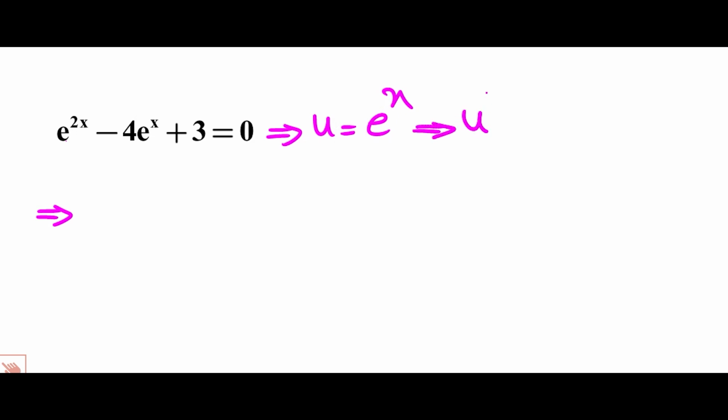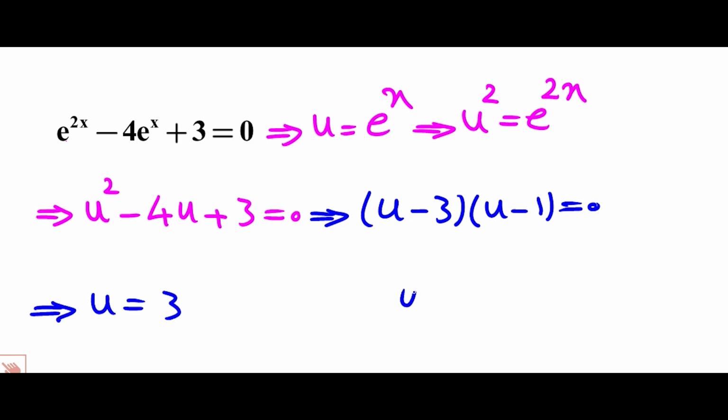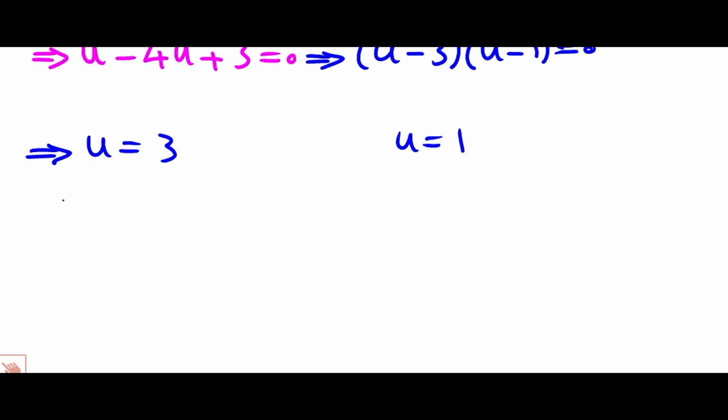So u squared equals e^(2x), and the equation becomes u squared minus 4u plus 3 equals 0. Now factor: (u minus 3)(u minus 1) equals 0. So u equals 3 and u equals 1.